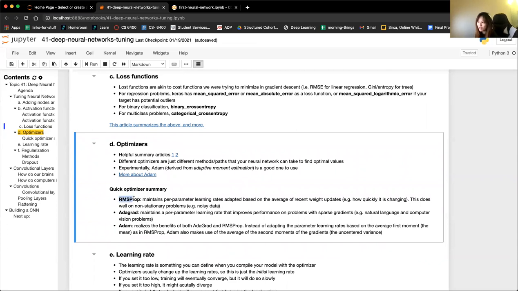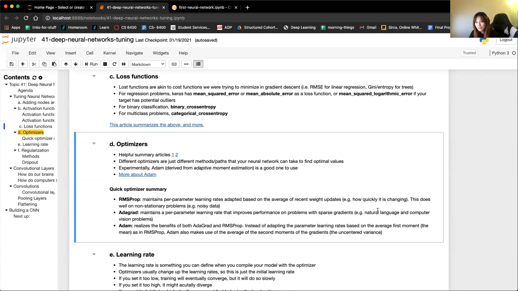So to first talk about RMSprop, RMSprop stands for, I think, root mean square propagation, if I'm not wrong. But basically, it maintains per-parameter learning rates adapted based on the average of recent weight updates. So with all of these optimizers, the learning rate actually changes per parameter, which makes sense, right?